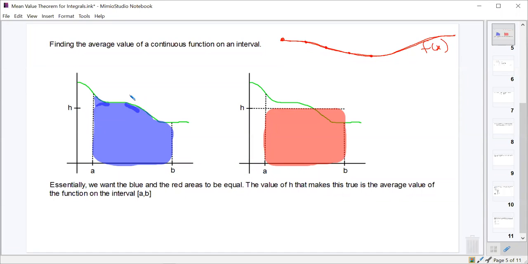And so that's what we're going to do to try to find the average value of a continuous function on an interval.